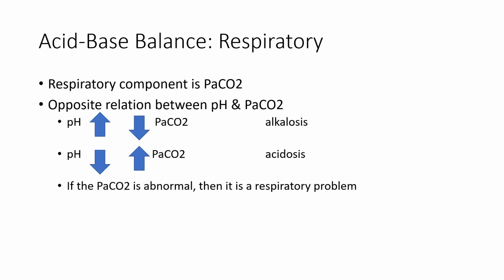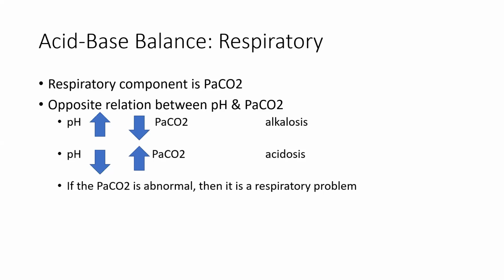For the respiratory component of this, again, that's our PaCO2. Our carbon dioxide level is going to tell us whether this is a respiratory acidosis or respiratory alkalosis. And when we get to respiratory, it is an opposite relationship between pH and PaCO2.